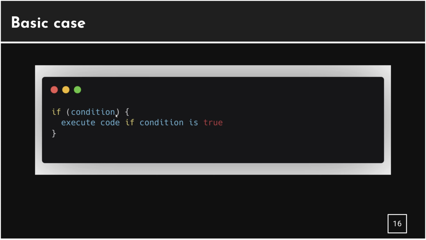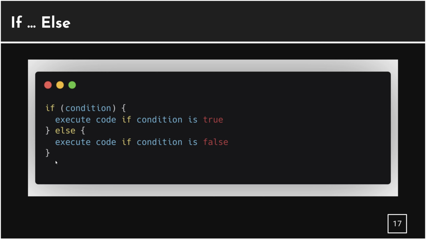We can evaluate this expression into true or false, and depending on these two values, we decide to execute the set of instructions inside the code block, or we just effectively skip those instructions. So if the condition is evaluated to true, we execute the code inside the curly braces. If it evaluates to false, we just skip this code and move to the rest of the program.